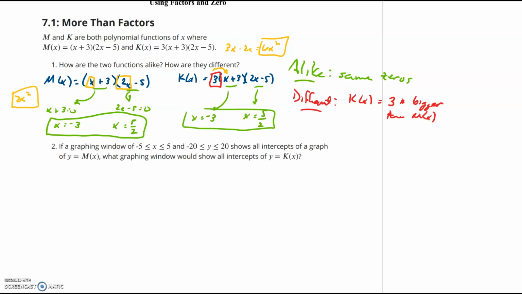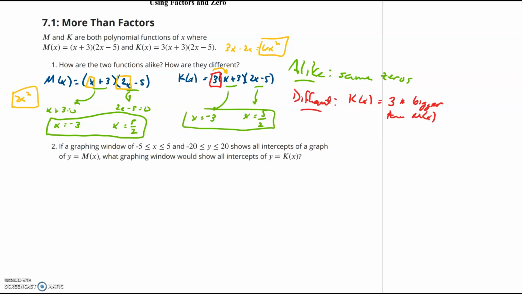Okay, on to number 2. If a graphing window of negative 5 is less than or equal to x is less than or equal to 5, and negative 20 less than or equal to y less than or equal to 20 shows all the intercepts of the graph of m of x, what graphing window would show the intercepts of k of x?